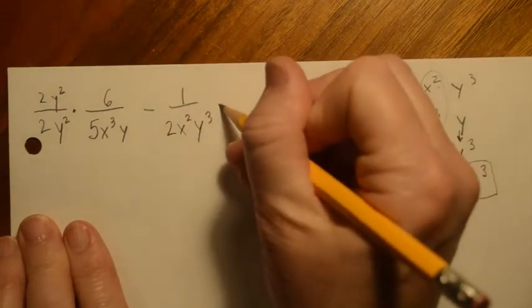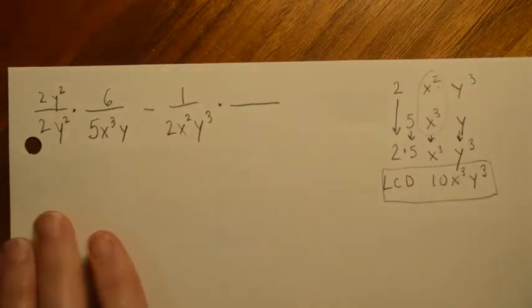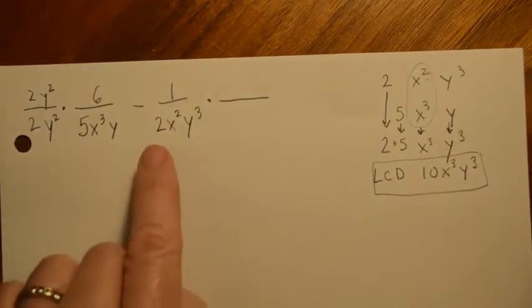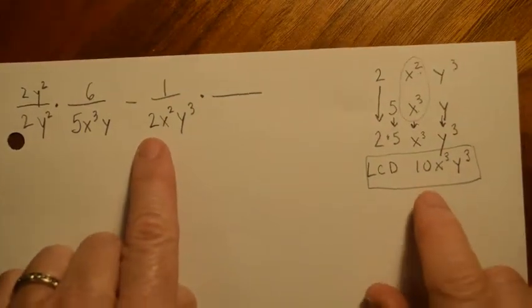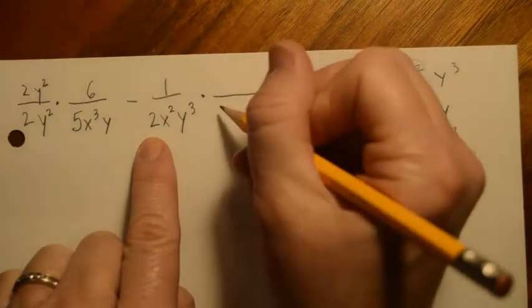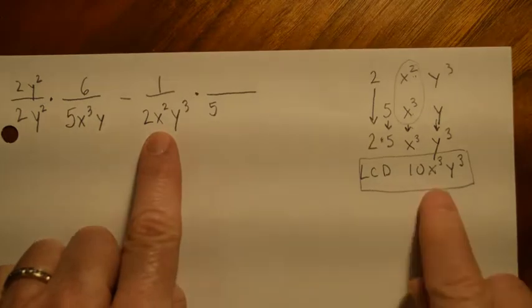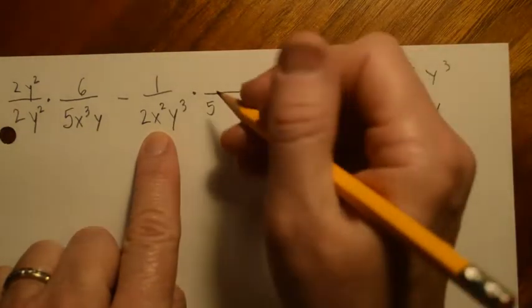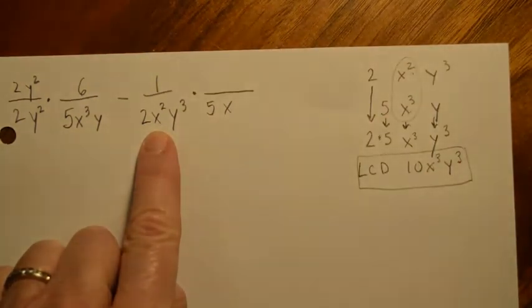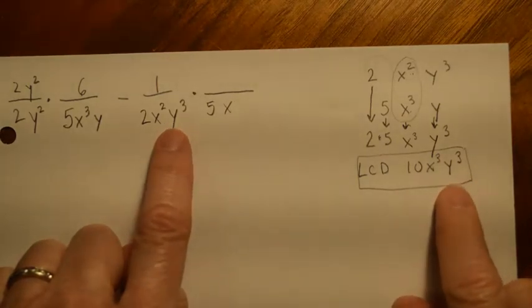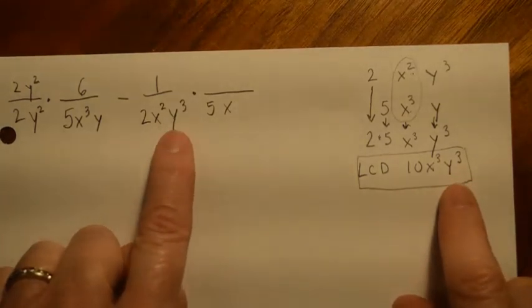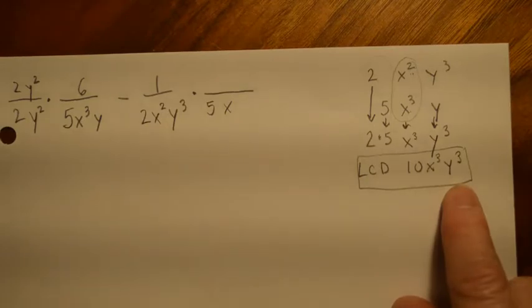All right, how about the second fraction? Well, this has the 2, but it needs a 10, so it needs to be multiplied by 5. It has an x squared, but it needs an x cubed, so we need another x. Then it has all three of the y's. Both have a y cubed, so we don't need to include any y's here.